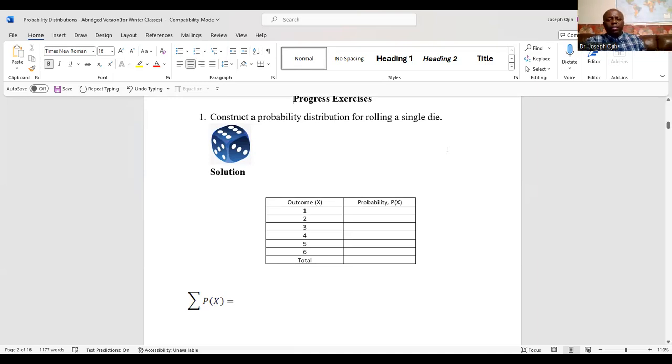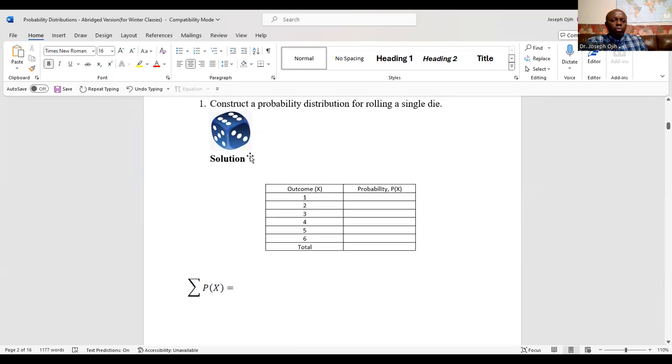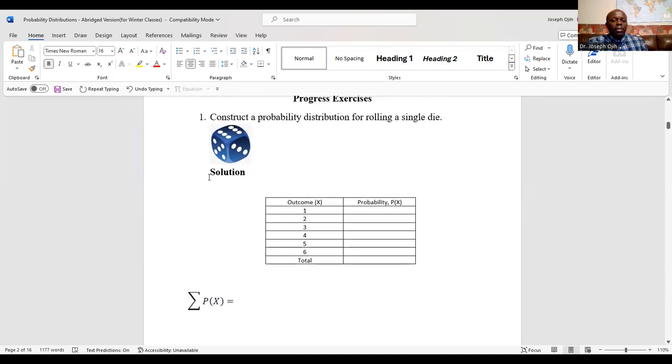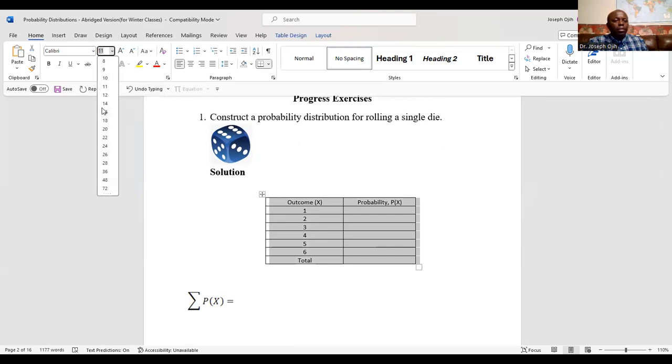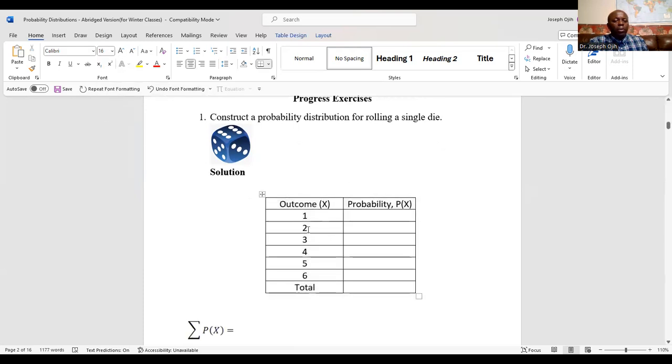Dice have 6 sides, so to answer this question, we make a table like this one here. You see all the outcomes, X, and their corresponding probabilities.